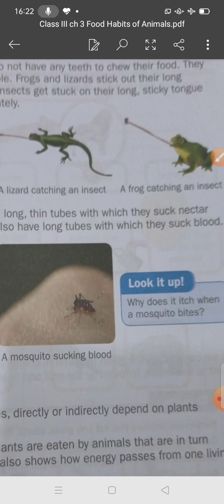An insect gets stuck on their long sticky tongue and is swallowed immediately. You can see the diagram also. The lizard and frog have the sticky tongue, the insect gets stuck on this tongue, and then they immediately swallow it.